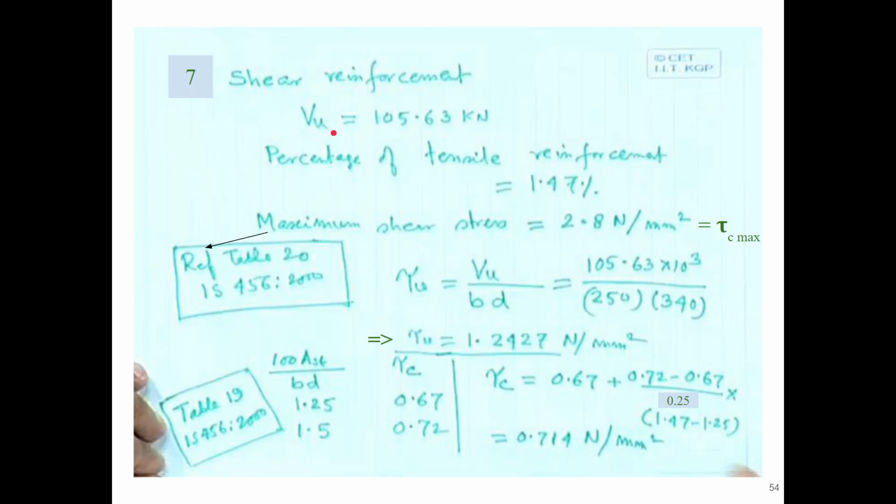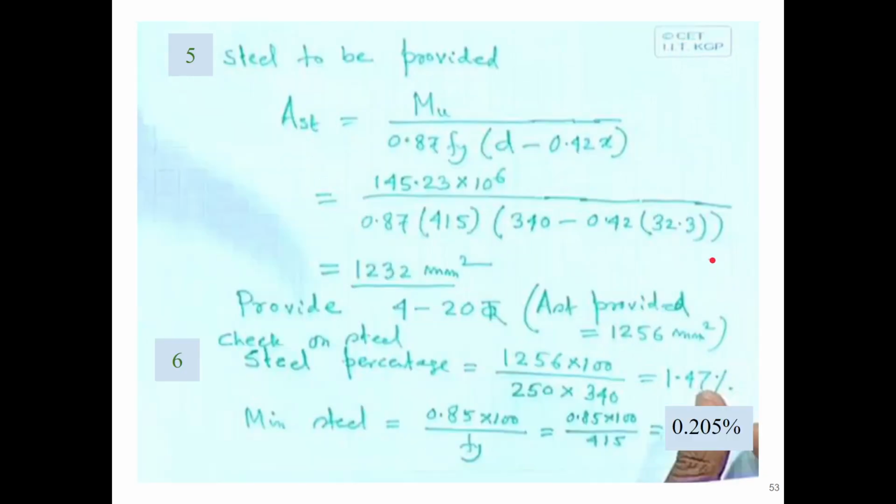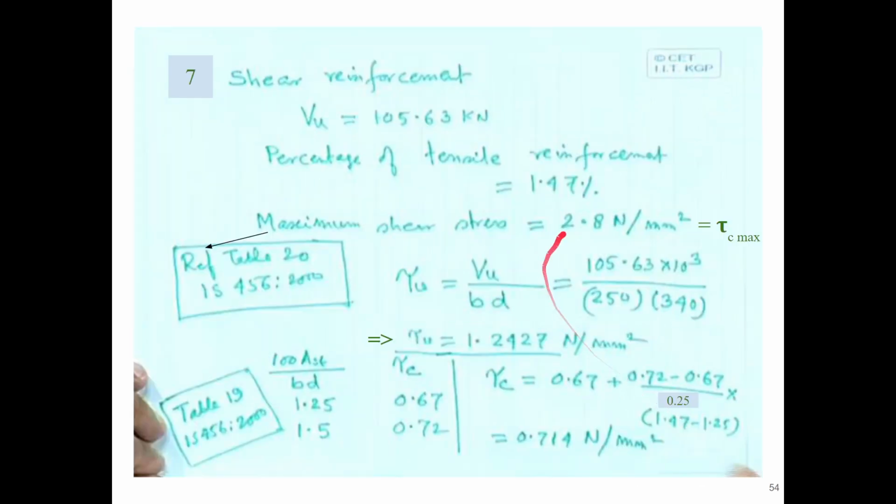So the shear reinforcement, now let us check. Vu is equal to 105.63 kilonewton. The percentage of tensile reinforcement is 1.47%, and maximum shear stress for M20 as per IS 456 is 2.8 megapascal.